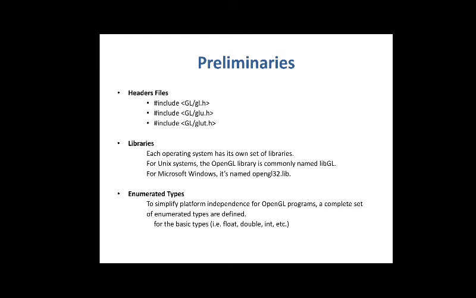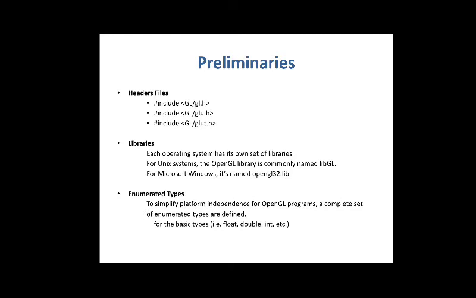If I am saying Unix, then the name is libgl.so, and if I am using Microsoft Windows, then I have to install opengl32.lib. These libraries are preliminaries which are required to execute an OpenGL program.